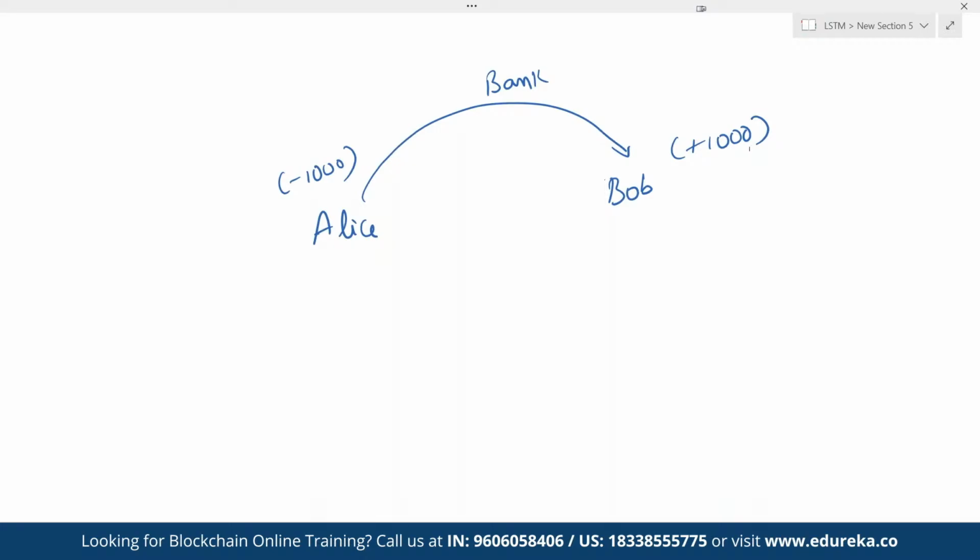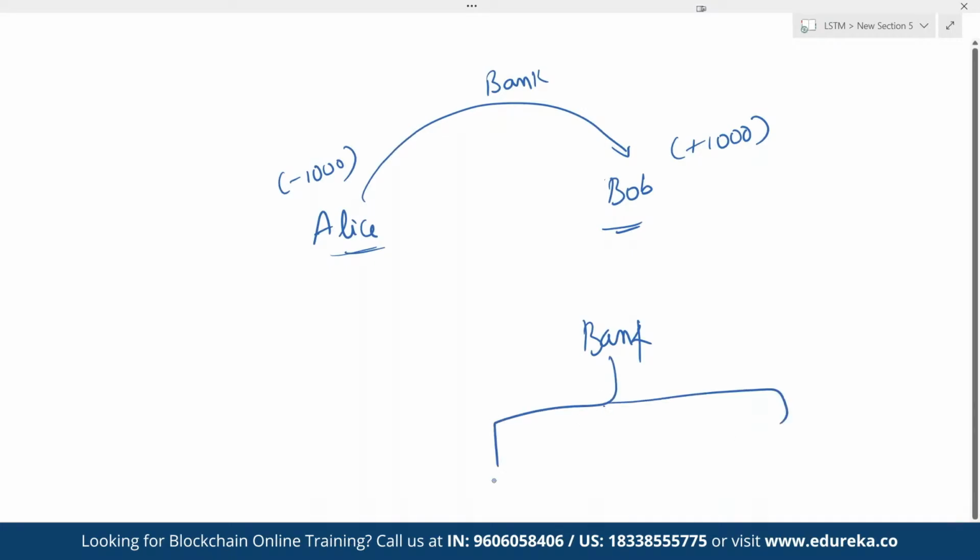From the bank's perspective, in order to make this happen, the bank behind the scenes has two technical features. One, it has a database. This database is a place where the bank maintains a database ledger of all of Alice's transactions to determine her current account balance and transaction history.